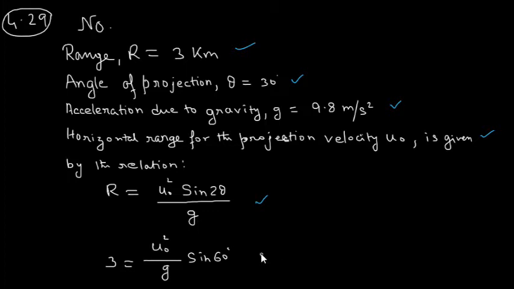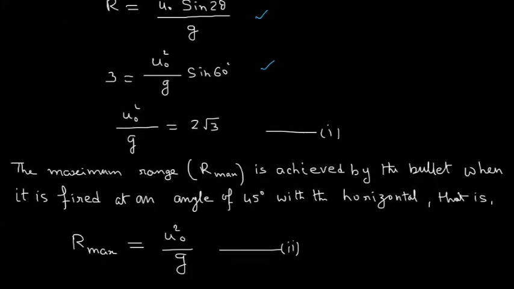Putting the value of R and theta, we get 3 is equal to u naught square upon g sine 60 degree. u naught square upon g is equal to 2 root 3.